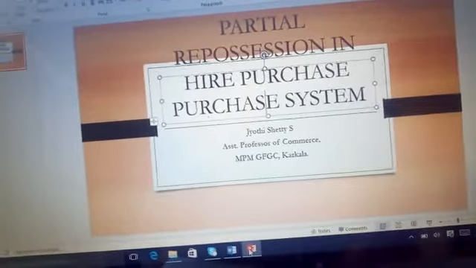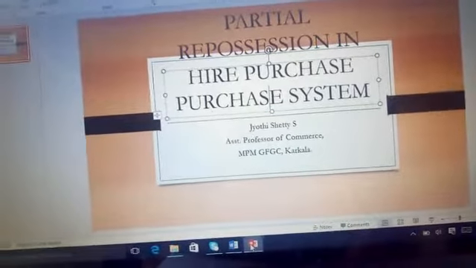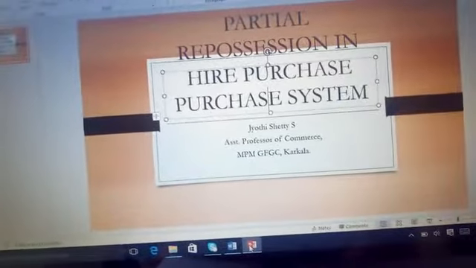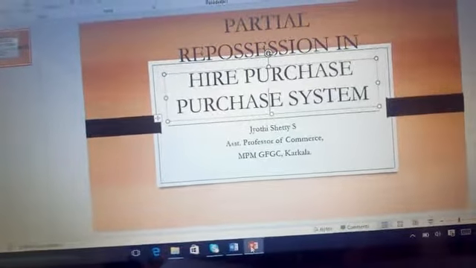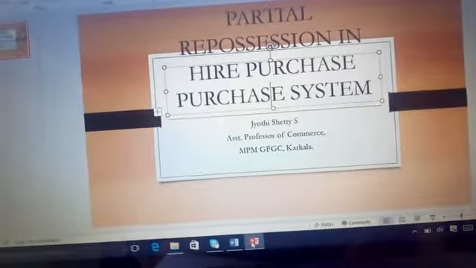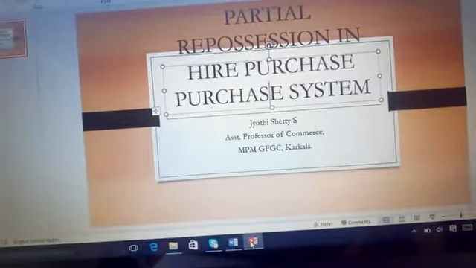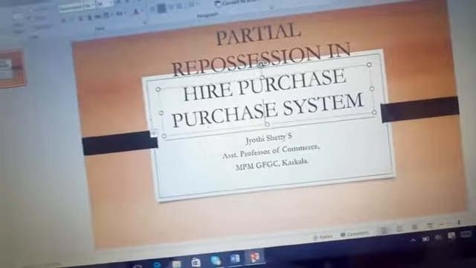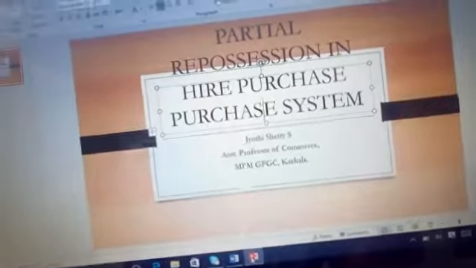And the vendor repossesses one machine. The total machines sold were 2, but in case of default, the vendor repossessed only one machine. At the time of repossession, he charges depreciation at the rate of 20% on diminishing balance method.